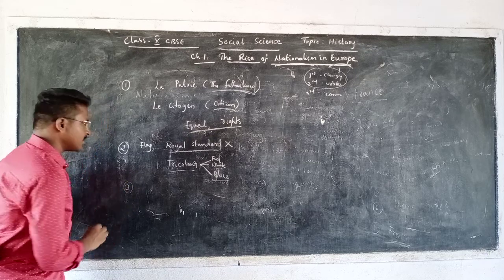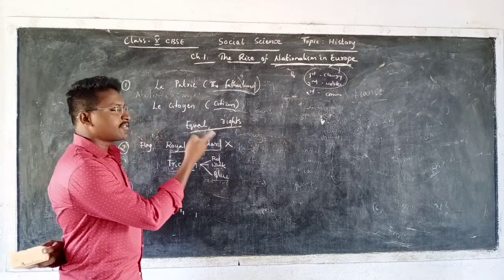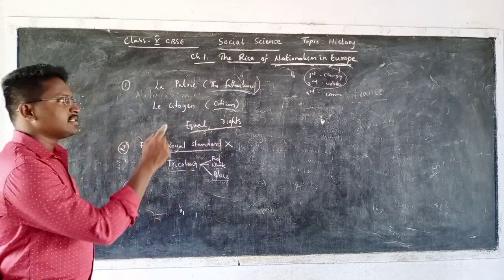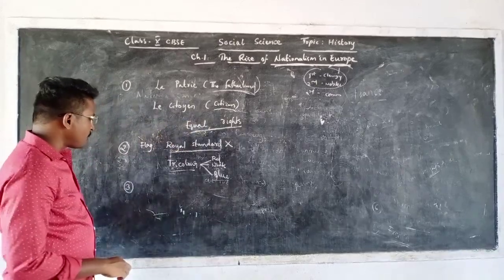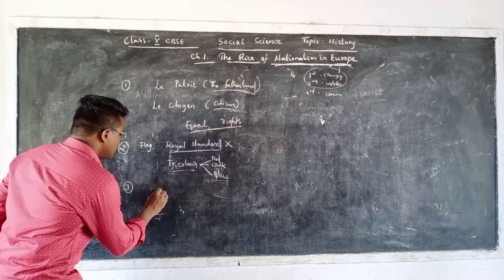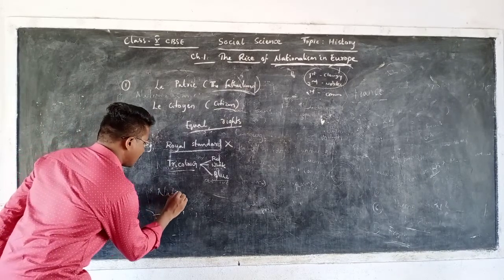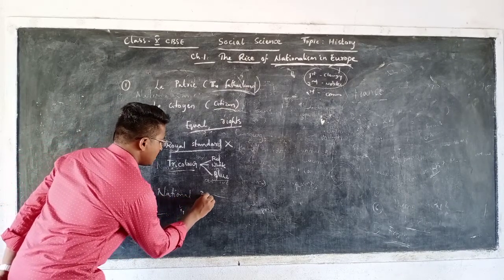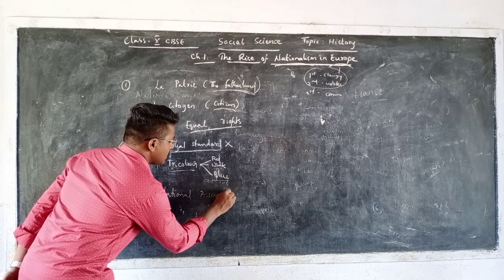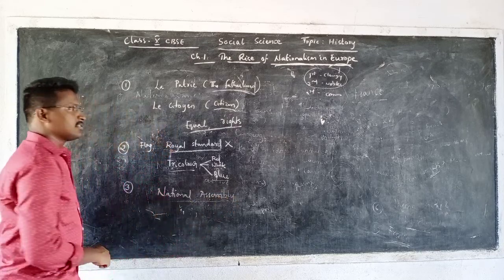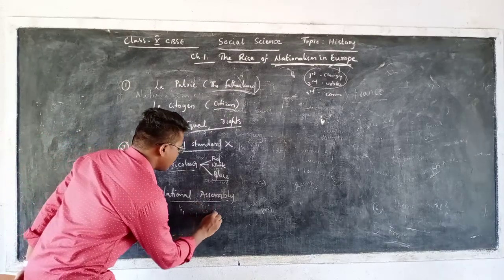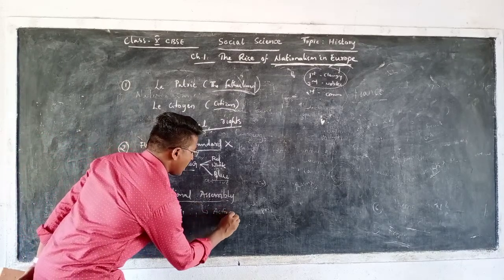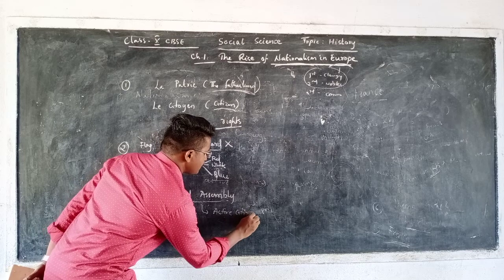Then the third thing: as I told, soon after the French Revolution, the power was in the hands of a group of citizens. So who are this group of citizens? The National Assembly in the country, which was covered in your 9th class first lesson in history, was elected by a group of active citizens.